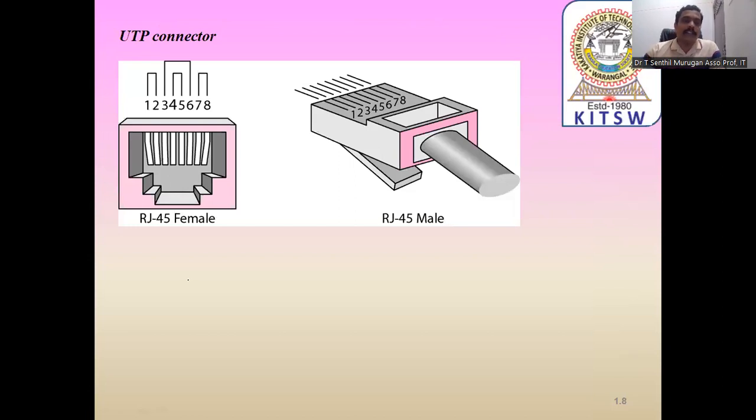So these are the connectors used for these twisted pair cables. This is the RJ45 pin. There is a female connector and a male connector. RJ means registered jack. The number 45 is defined by the ISO standard.